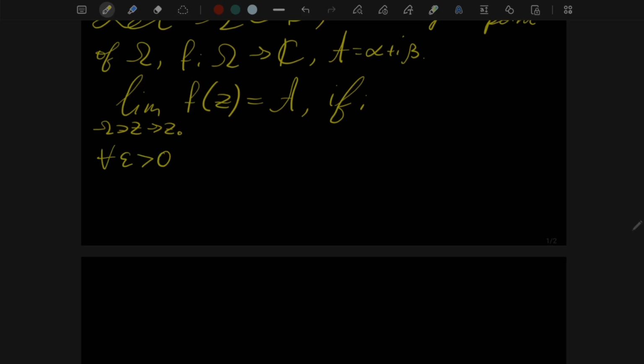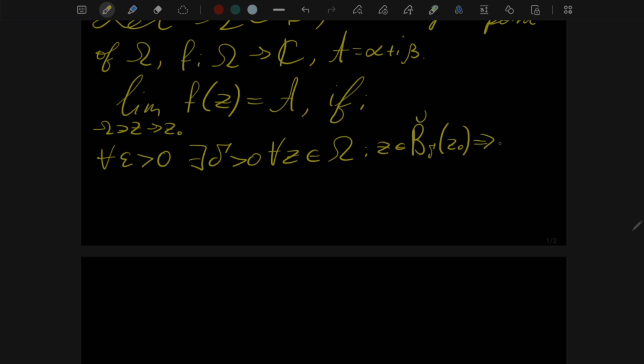for all positive epsilons there exists a positive delta, such that for all complex numbers from our set, if that is in a delta neighborhood of that node, let's notice that the neighborhood is without the point itself.